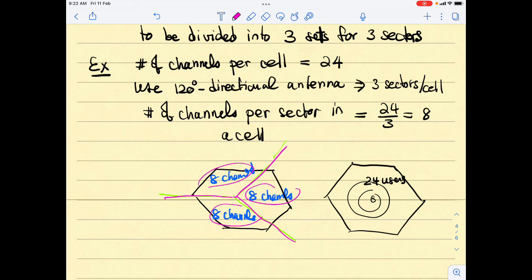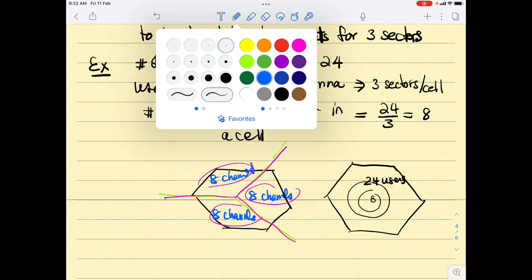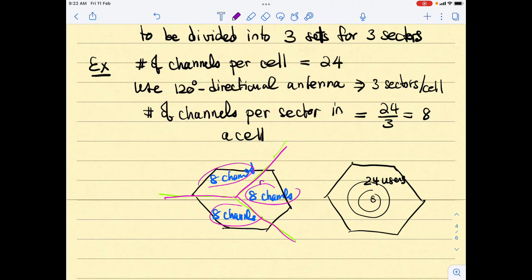Now if the users are distributed uniformly in this cell, everything is all right. But what happens if a certain sector has more users? For example, this sector, all of a sudden people are moving in this direction. There are more than 8 users.